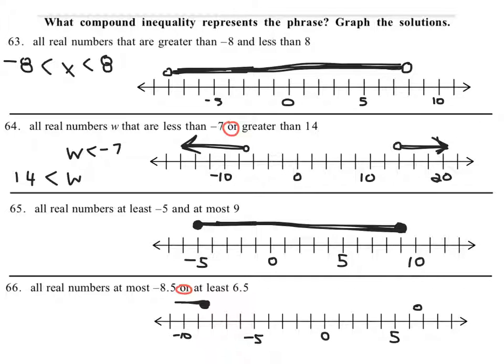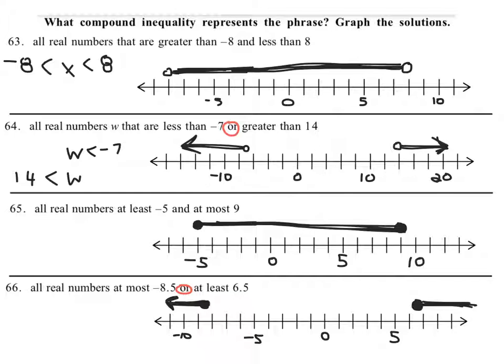But that's the most we can be for this side. We can be less than that. Okay. But the most we can be on this side is up to -8.5. Or we're on the other side with this other portion. We are at least, the very least lowest number that we're allowed to be is 6.5. That means that we can be stuff above it. Okay? But that's the least we can be if we're on this side.